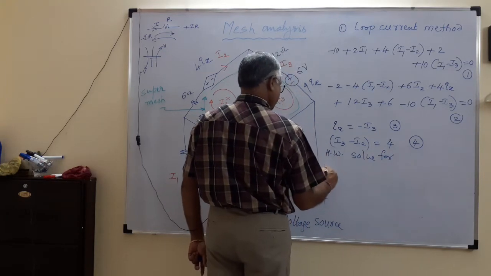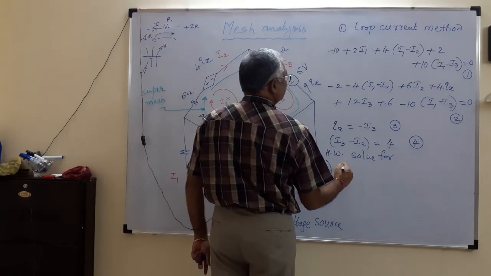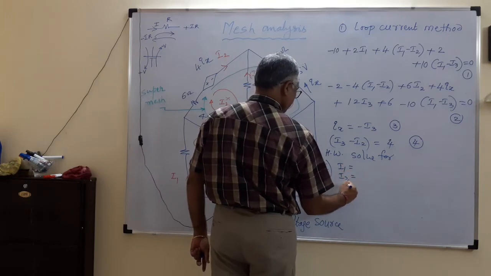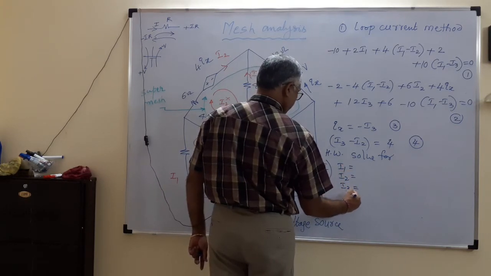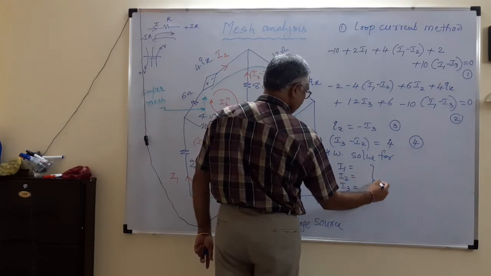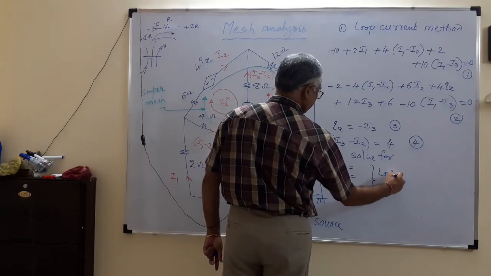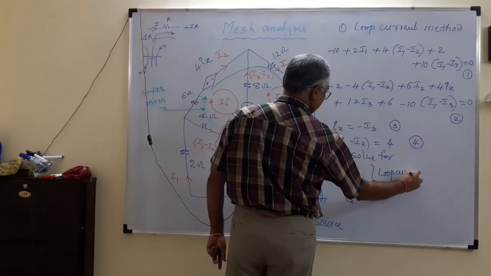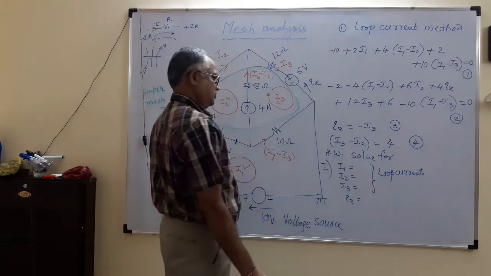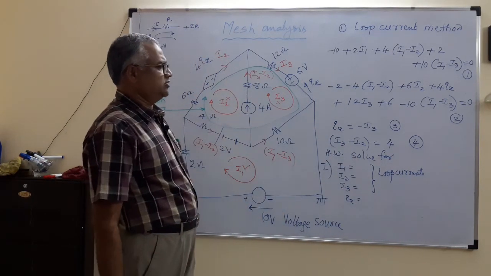Solve for the first step: I1, I2, I3, Ix. These three are named loop currents, not Ix. I1, I2, I3 are called loop currents.